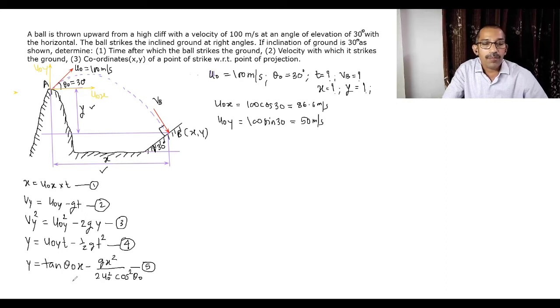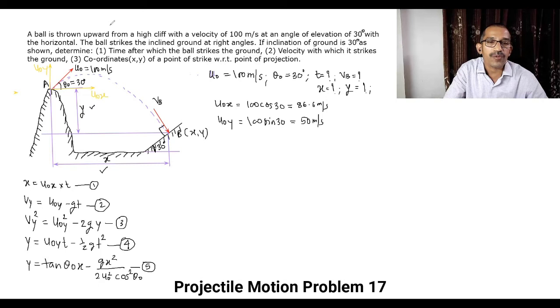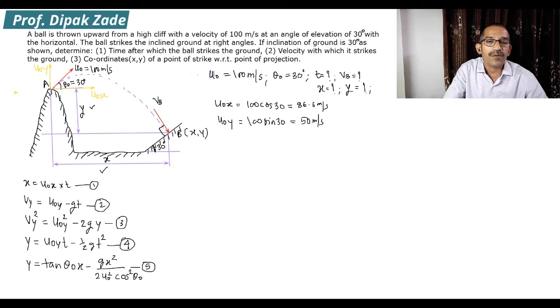Using the equation of path, if we try equation number 5, x and y, there are 2 unknowns. Even solution is not possible using this equation also. But to solve such a problem, what is most important in our projectile motion, which component of velocity always remains constant?